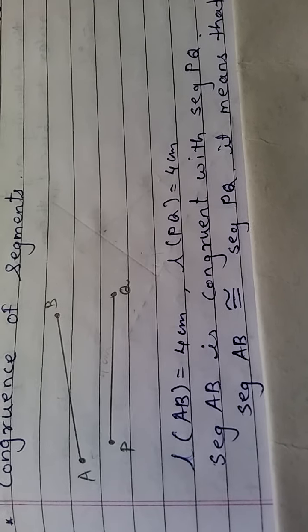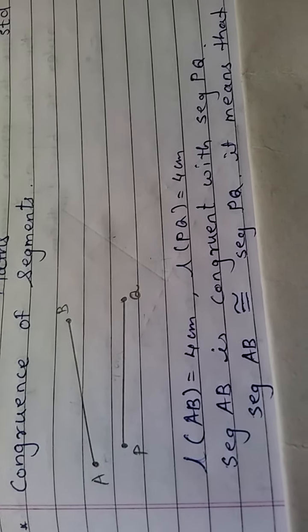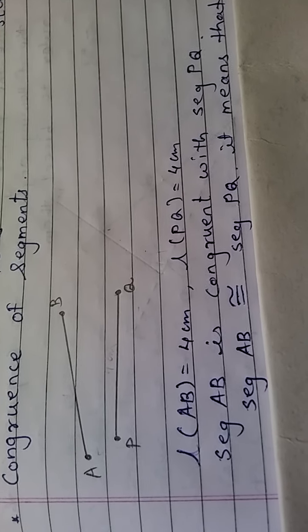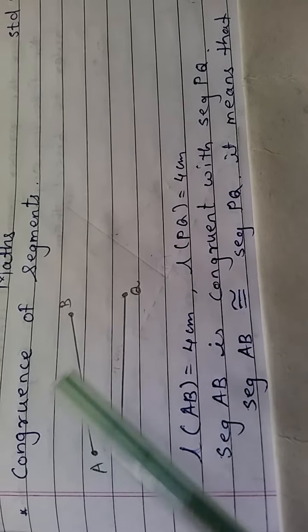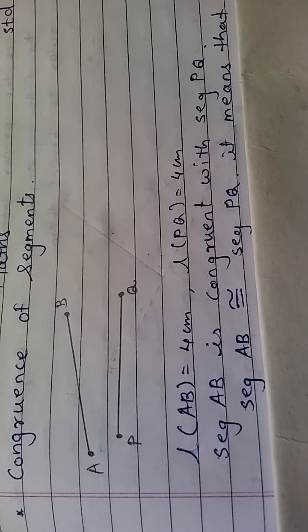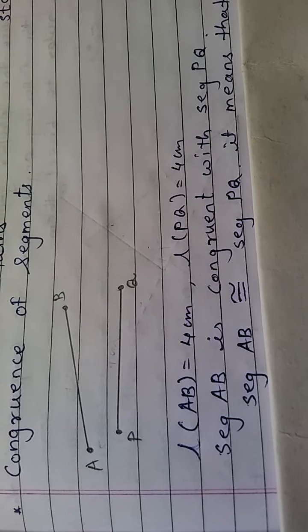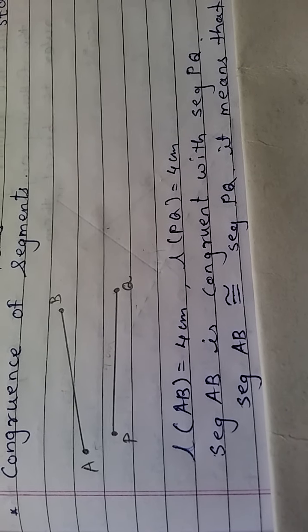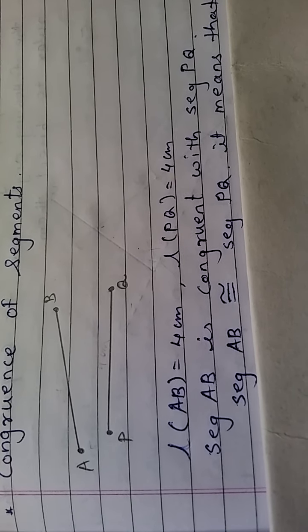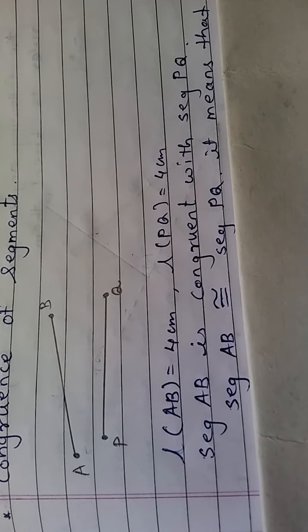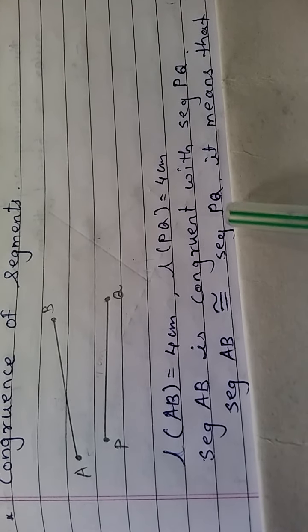Keep in mind, we verified that. We infer from this that if two line segments have the same length, they coincide exactly with each other, that is, they are congruent. If segment AB and segment PQ are congruent, it is written as segment AB is congruent with segment PQ.